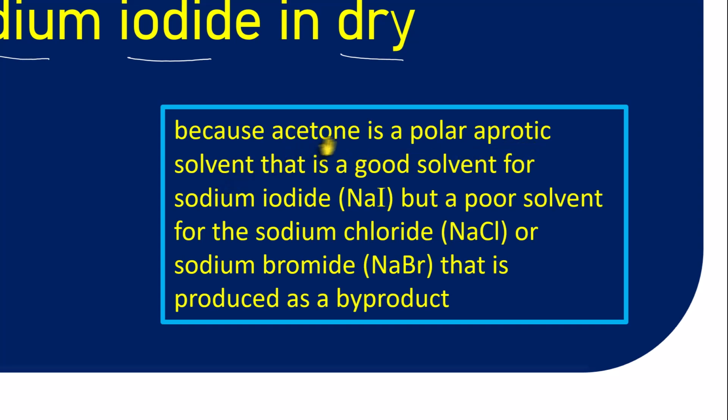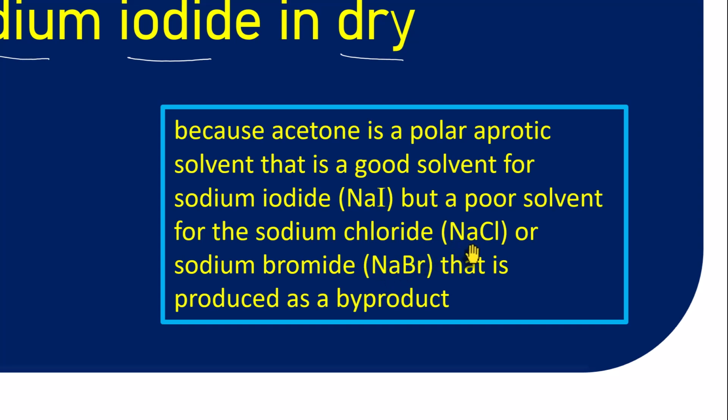That means it acts as a good solvent for dissolving sodium iodide, our reactant, but acts as a poor solvent for the sodium chloride or sodium bromide obtained as a product. It does not dissolve them. Therefore, it is easy for them to precipitate out once the reaction commences.